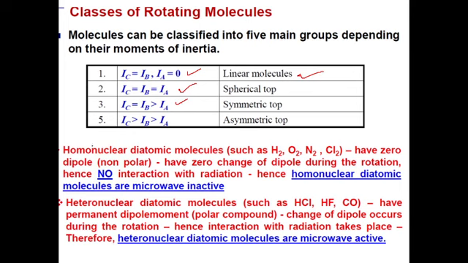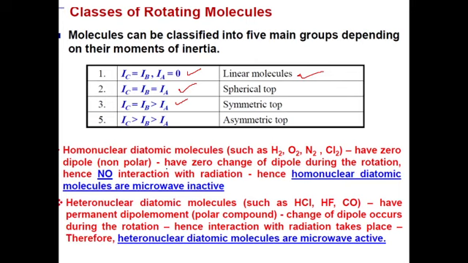The main thing we have to remember here: homonuclear diatomic molecules such as H2 and Cl2 have zero dipole moment. That's why they have zero change in dipole during rotation. That means whenever we rotate that molecule there is no change in the dipole, and so no interaction with the radiation.